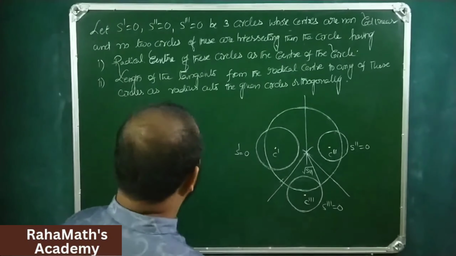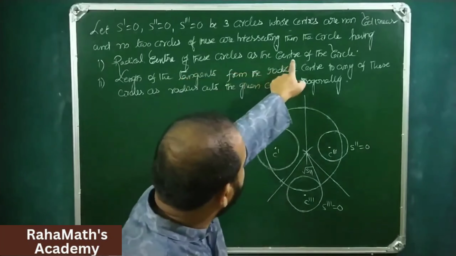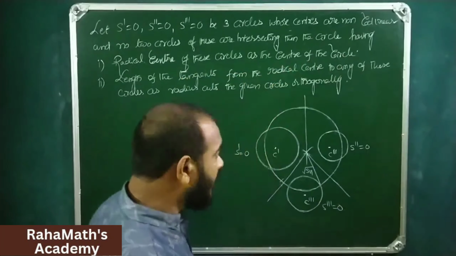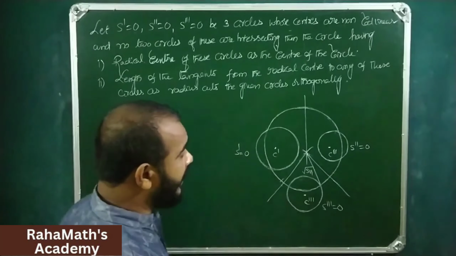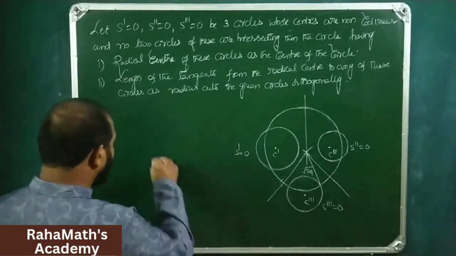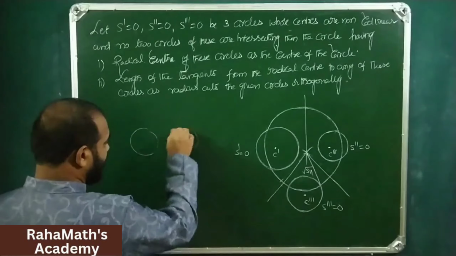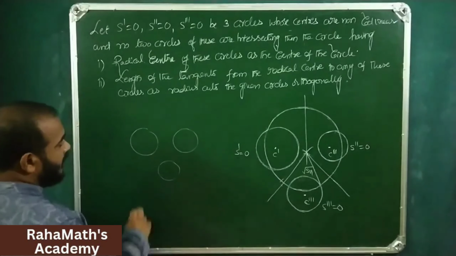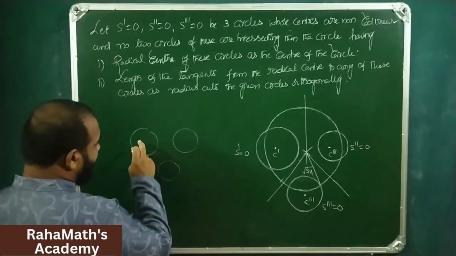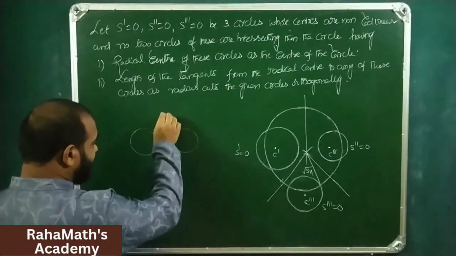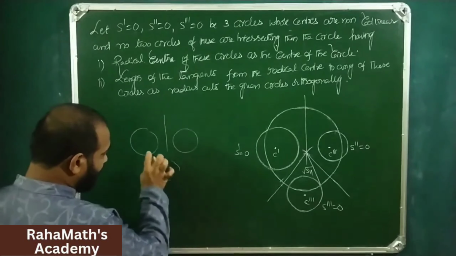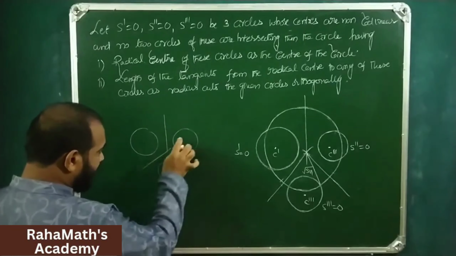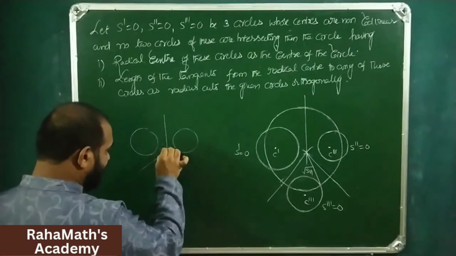Now listen, the radical center of these circles. What is said to be the radical center? These are the three circles, and the radical axis of these two circles is this. The radical axis of these two is this, and the radical axis of these two is this.